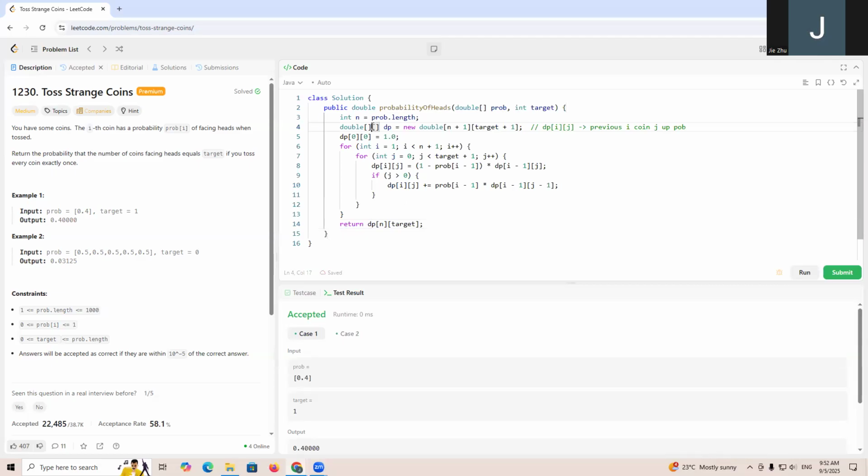We don't need the first dimension of the space, because every dp[i][j] is coming from dp[i minus one][j] and dp[i minus one][j minus one].